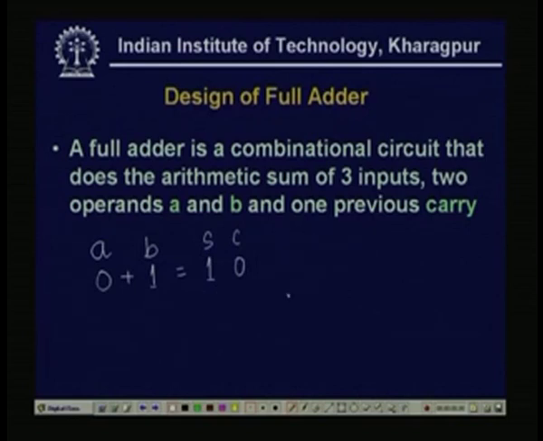Now, say I am adding A, but this A has 4 bits, as if this is A0, A1, A2, A3.